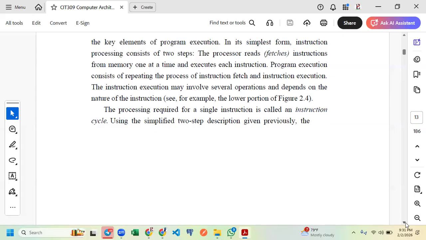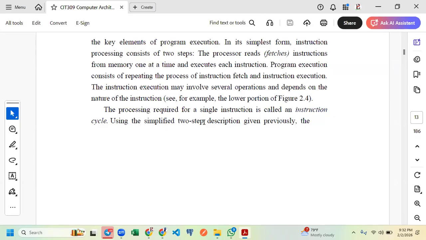All of those operations happening is what we call the instruction cycle. So the instruction cycle is all the processing required for a single instruction.